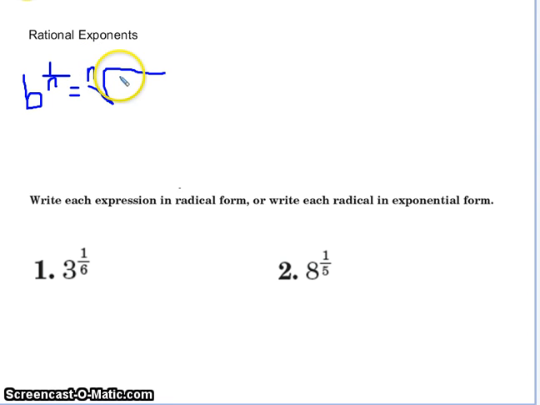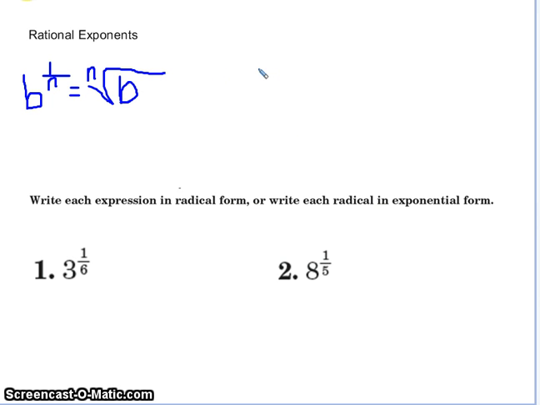The nth root of b. Basically, if you had b squared, that squared would be in the numerator, so that means you have b times b. However, if you have b to the 1/2, that means you're taking a root. You're not squaring it, you're doing the opposite. You're taking the root.